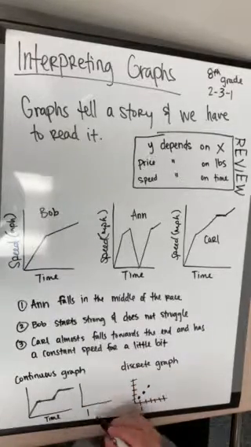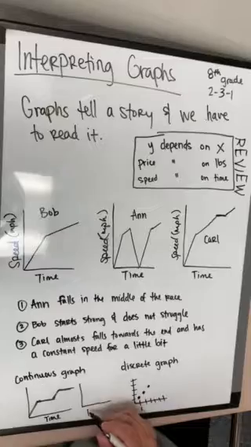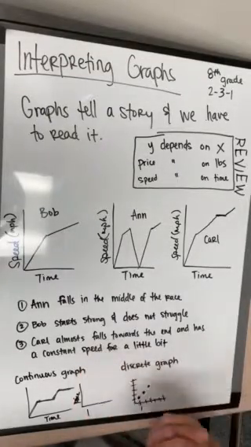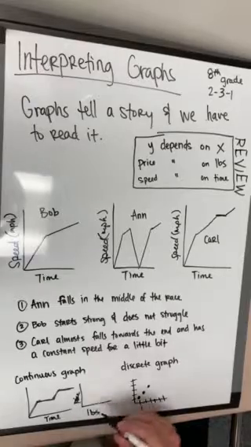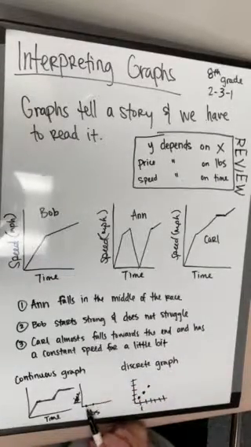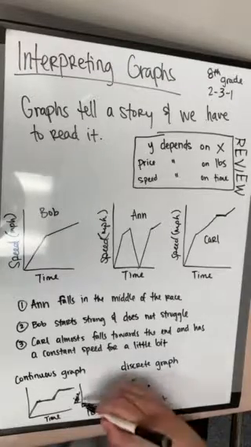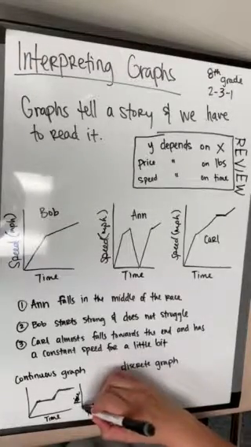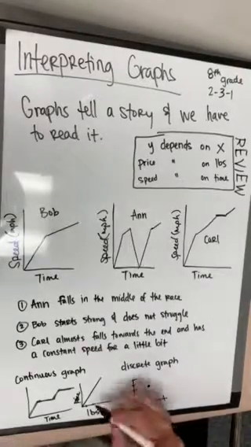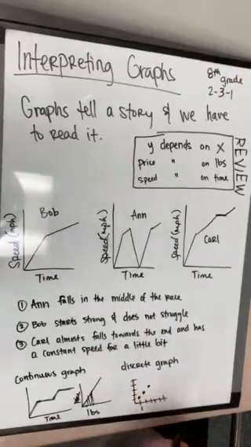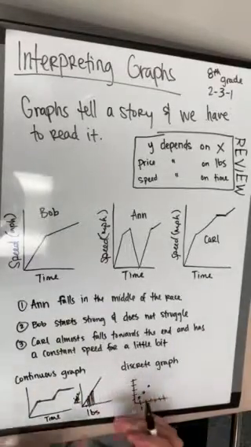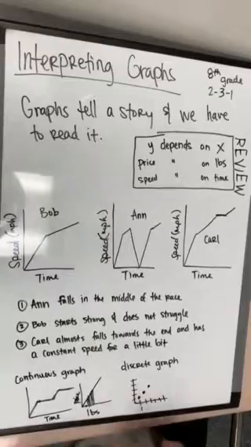If we had price in pounds, that would be considered a continuous graph, because the price depends on the pounds. I can have somewhere in the middle of 1 pound and 2 pounds, and so that's why your price would be like this: the more it weighs, the more you have to pay, and there's a price for every pound, even if that pound is in between 1 and 2 pounds.